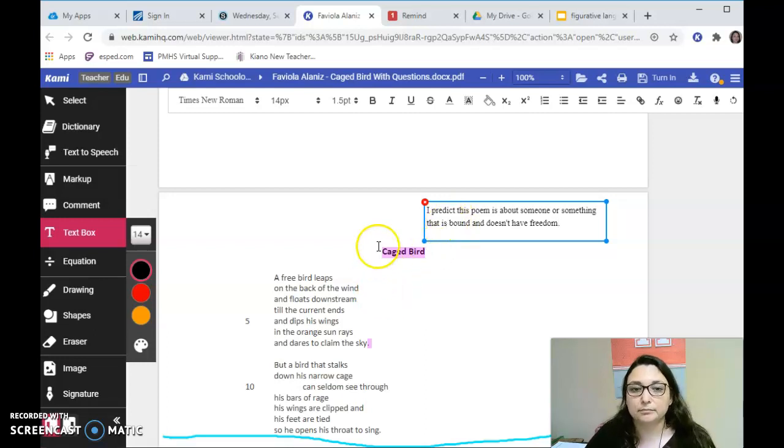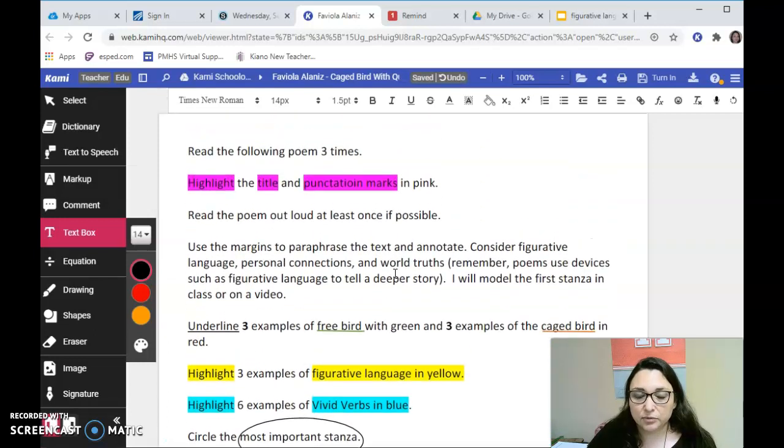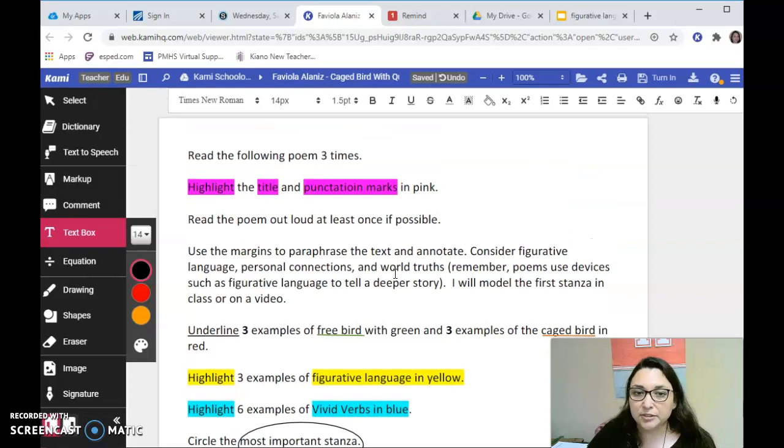Okay? So after I'm done highlighting my title and all the punctuation marks, and I've already predicted what I think this poem is about, I'm going to go ahead and return and read the rest of the instructions.